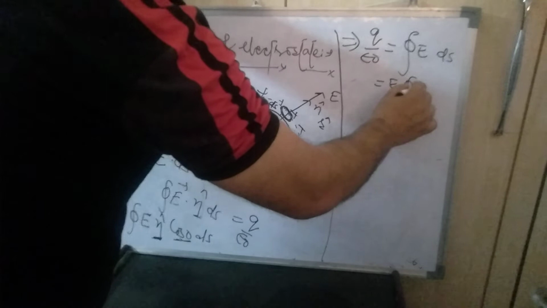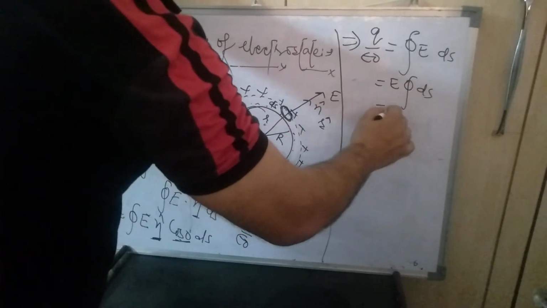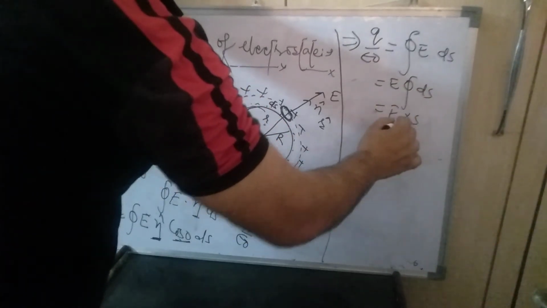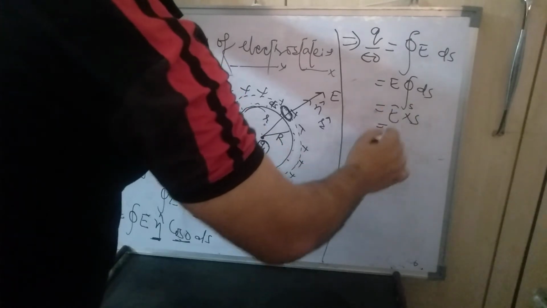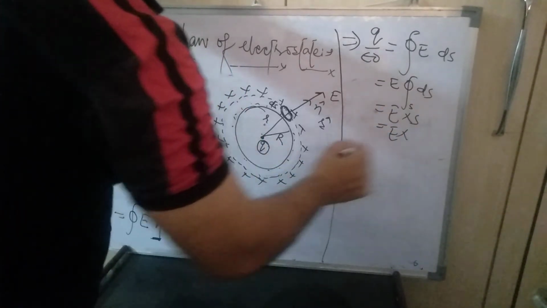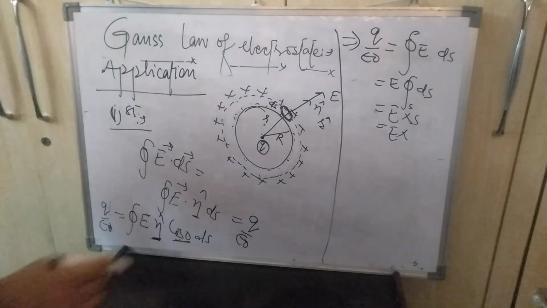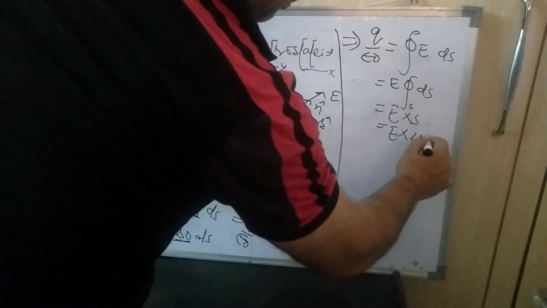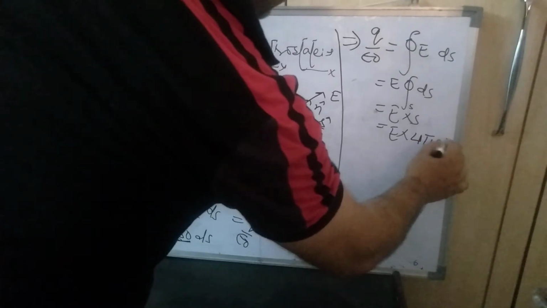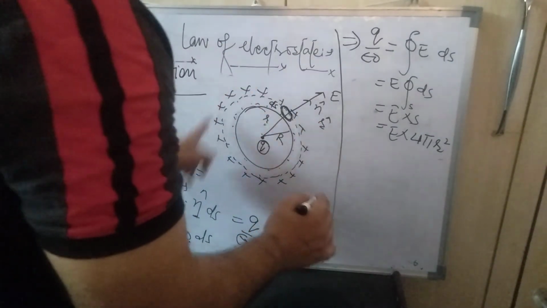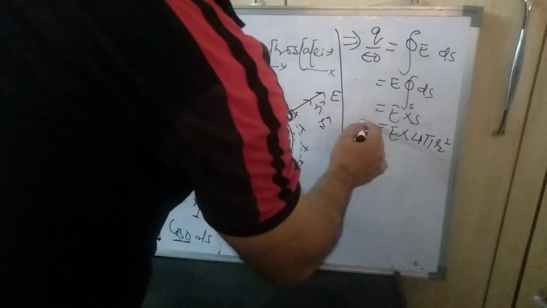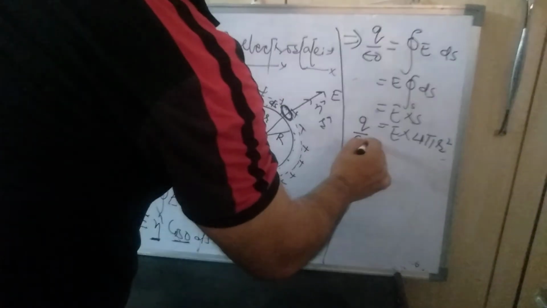E times the integration of ds will be E times s, the area of the surface. As it is a spherical shell, the area will be 4 pi r square, because the radius at that region is r. And it equals q by epsilon naught.